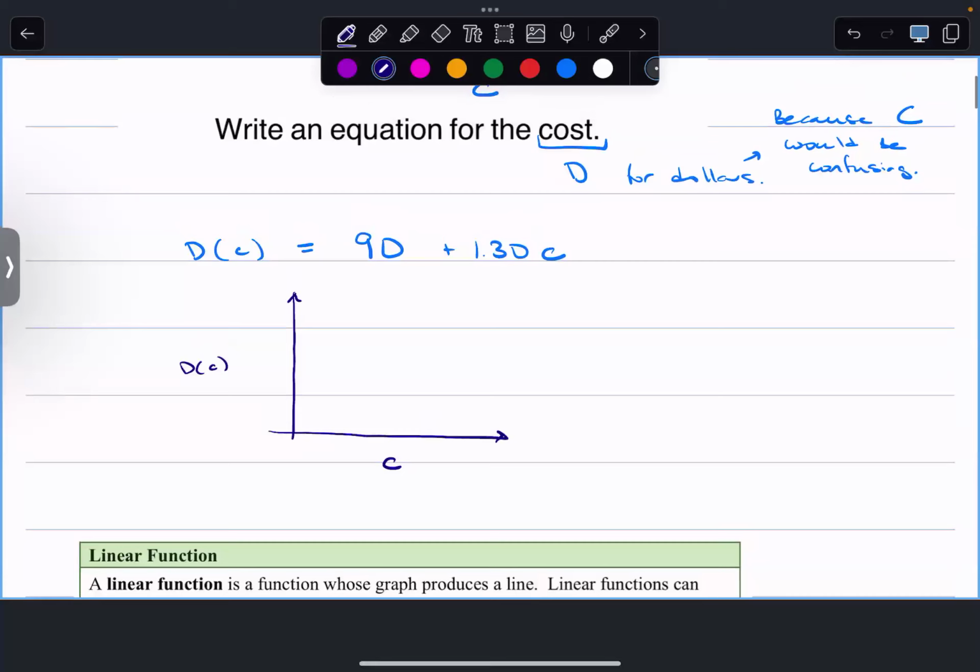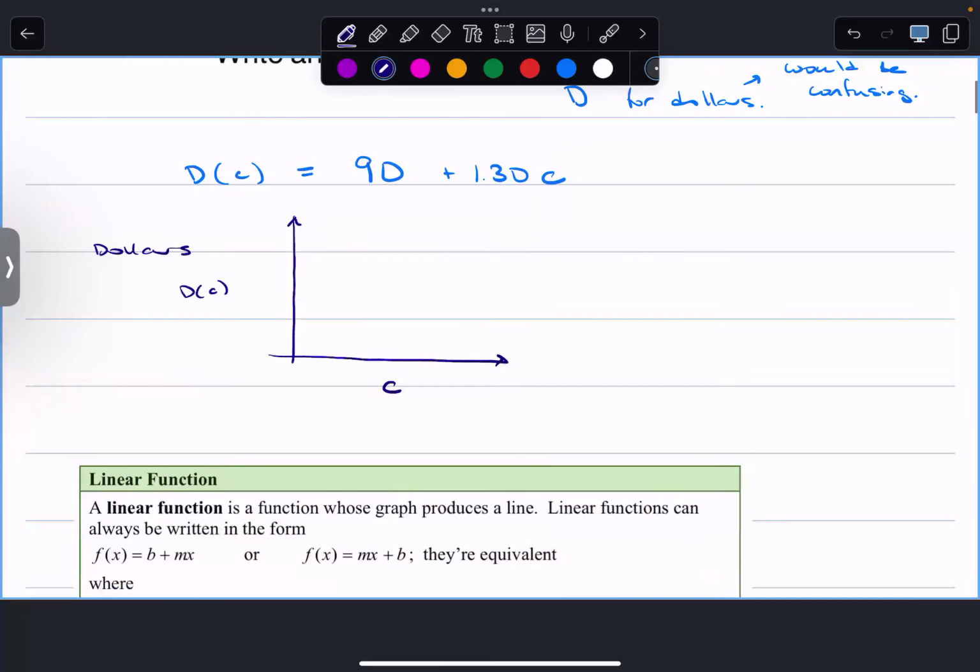So then the output is going to be the dollar cost, the dollars, and the number of cups is the input.